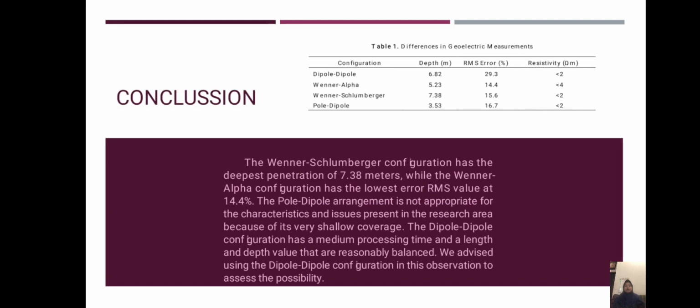Okay, conclusion. We discovered possible water seepage with a resistivity value of less than 2 and a depth of 2 meters in the findings of geoelectrical measurement using 4 configurations: pole-dipole, Wenner, Schlumberger, and dipole-dipole. The Wenner Schlumberger configuration has the deepest penetration of 7.38 meters, while the Wenner configuration has the lowest RMS value at 40.4%.